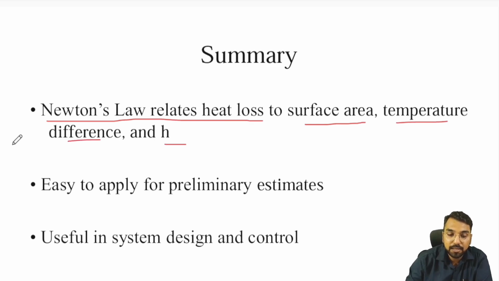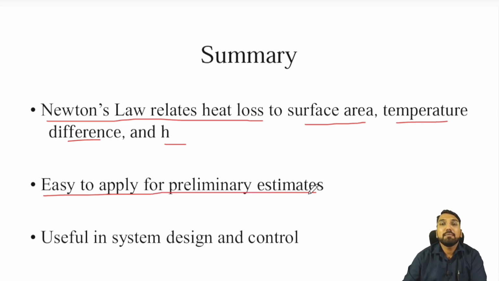These properties are a must for finding how much heat is transferred by convection. It is easy to apply for preliminary estimates where the fluid conditions are uniform, but in non-uniform fluid conditions some more complicated equations must be used along with Newton's law of cooling.